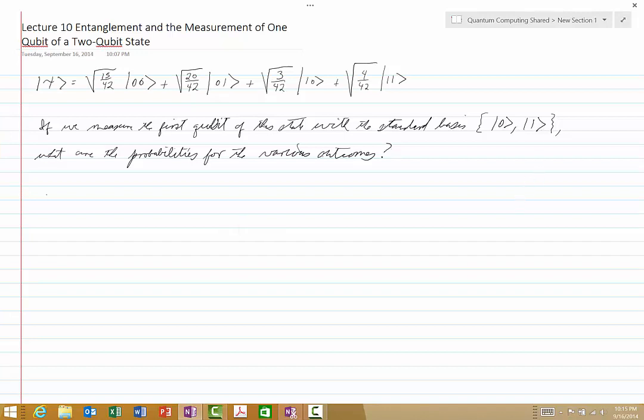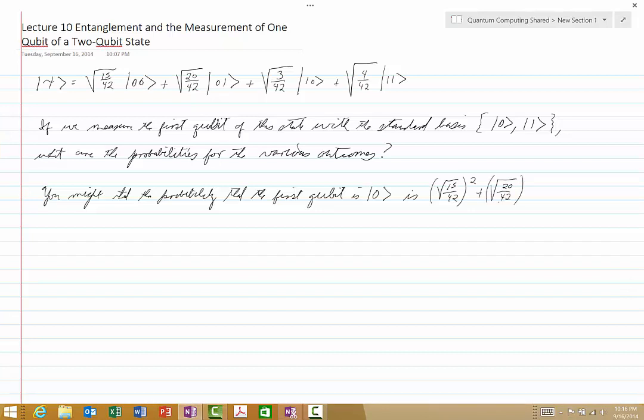And so I think that you might very well guess that the probability that the first qubit is 0 is square root of 15 over 42 squared plus the square root of 20 over 42 squared, which would be 35 over 42. And if you guessed that, you would actually be correct.